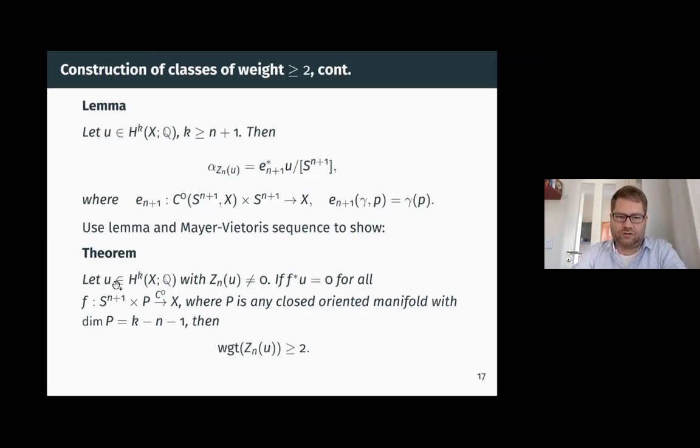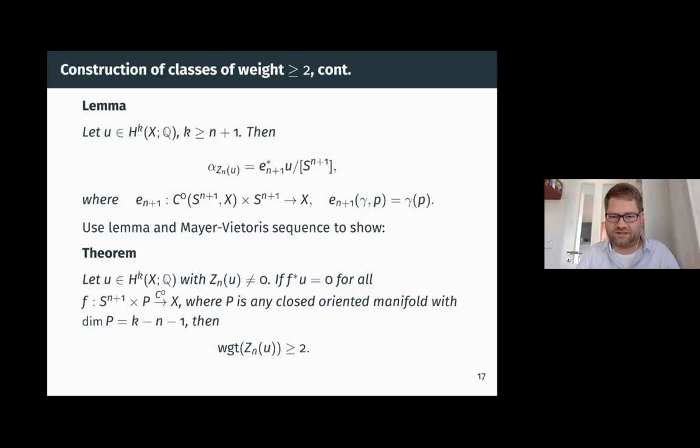Namely, if we have a class u in the cohomology of X with rational coefficients, I'm taking here, actually you could take field coefficients in general, but at this point you need the rational coefficients, with Zn of u non-vanishing, and we know that the pullback of the original class u is vanishing with respect to all maps from the n+1 sphere times P to X. So this is a condition that we have on this cohomology class here, where P is an arbitrary closed oriented manifold of the appropriate dimension, so that these two dimensions add up to k, the degree of the class. Then we know that this weight is 2 or bigger. So this is a geometric way of checking if a class has weight 2.